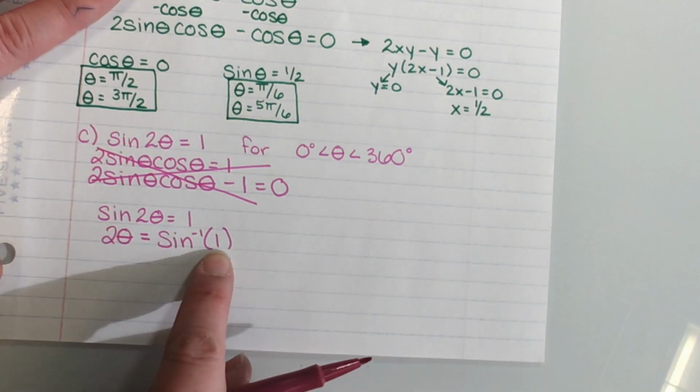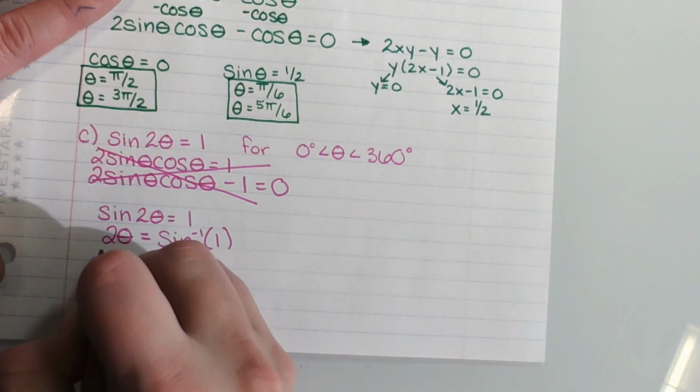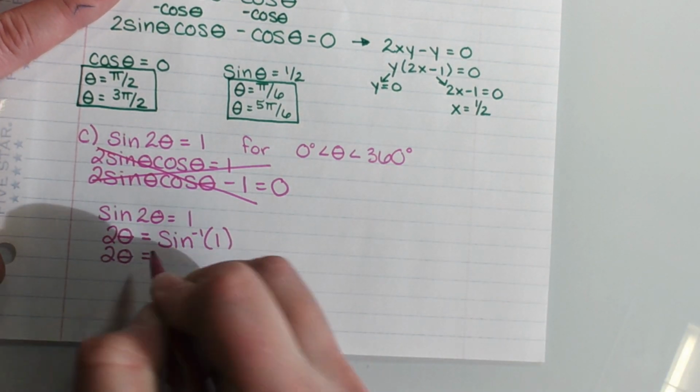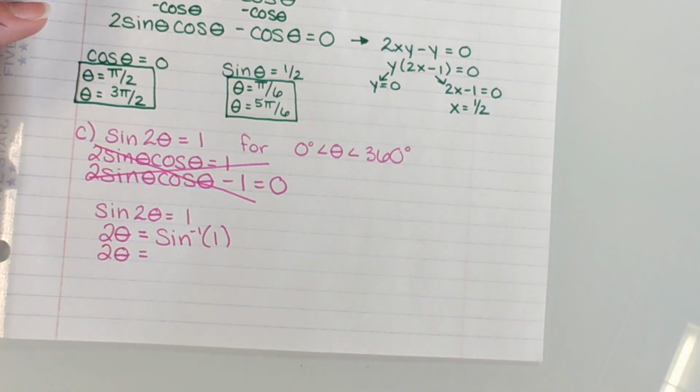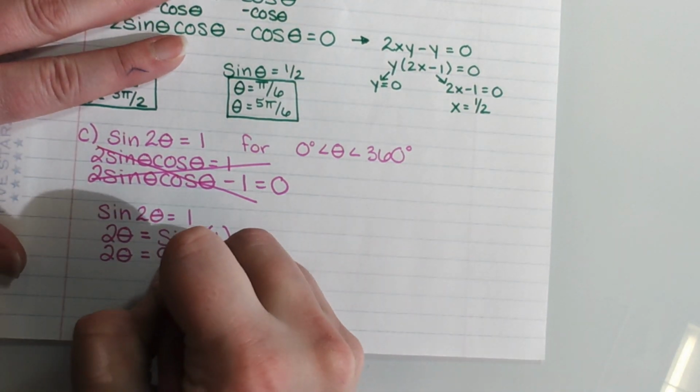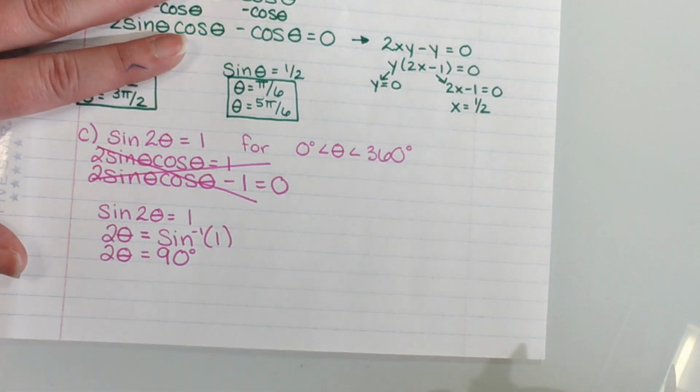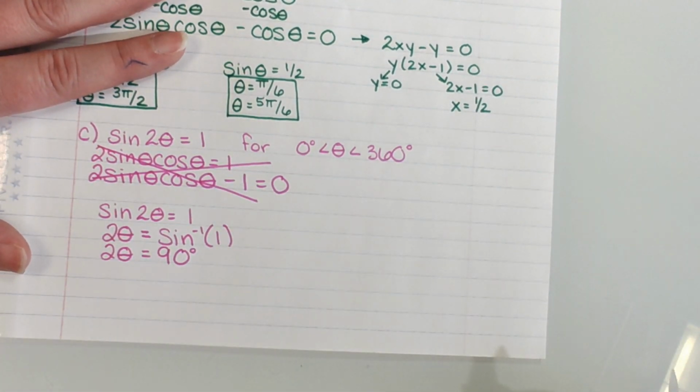Where is sine equal to 1? 90. So 2 theta is equal to 90.